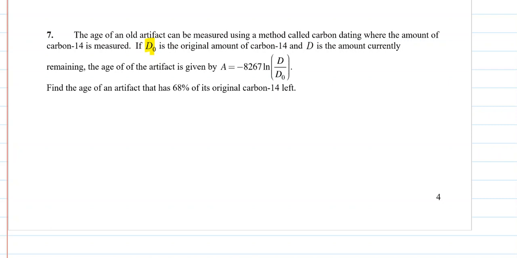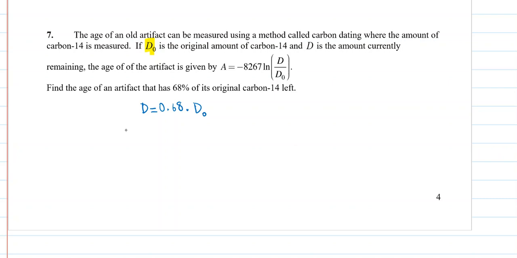So it starts out with the original amount is D naught or D sub 0, and what's left, which we are calling D, is 68% of, that means 0.68, and a percent of, you always multiply, times its original, which is D sub 0.